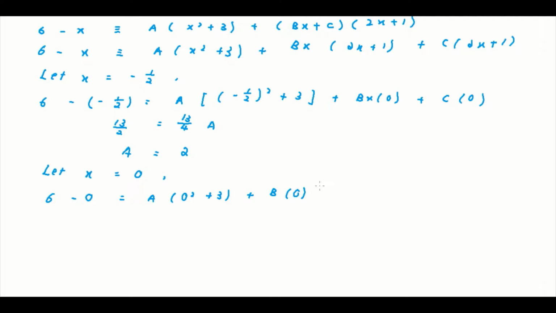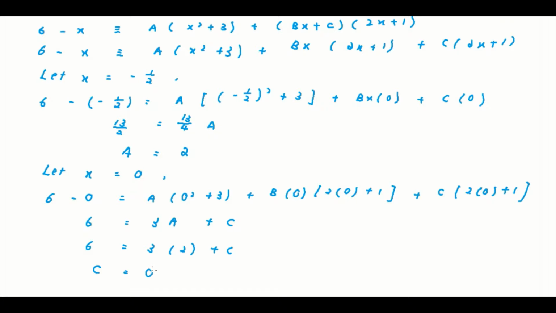Then plus c times 2 times 0 plus 1. So 6 equals 3a, the whole b term becomes 0, plus c. Since I already got a as 2, I can put it in, and this is how I get my answer, c equals 0.